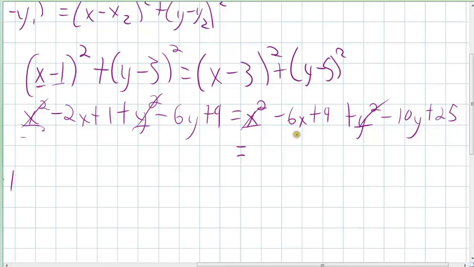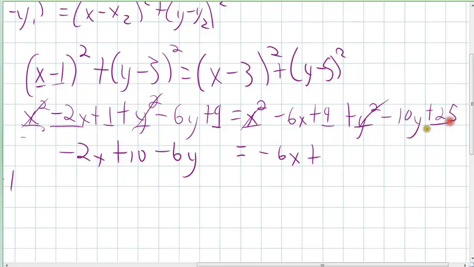So now let's keep going. Here we have negative 2x, and there's no more x on this side, so it's just going to be negative 2x plus 1 and 9 makes 10 minus 6y. And then on this other side over here, we're also going to have minus 6x and plus 34 minus 10y.